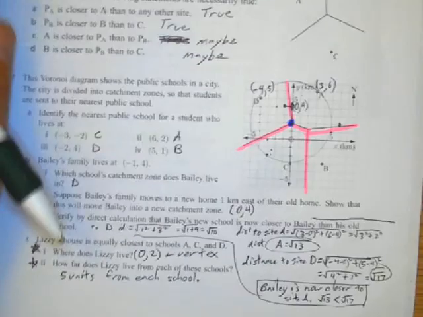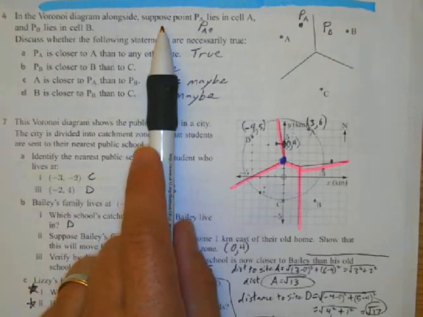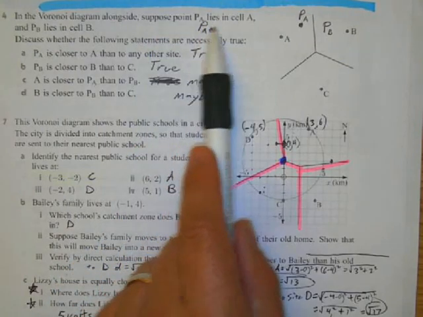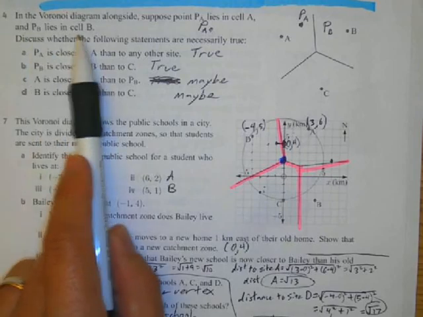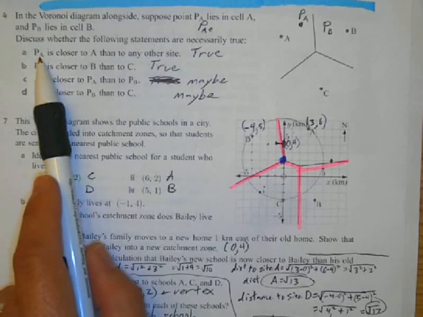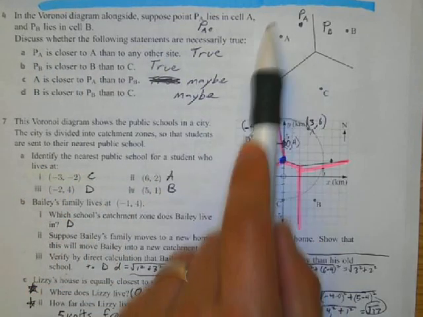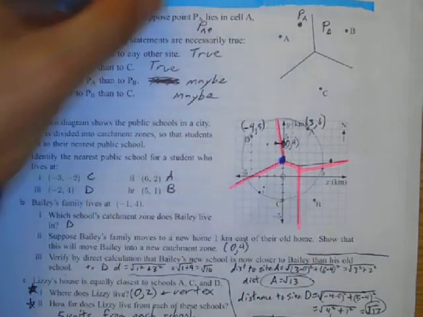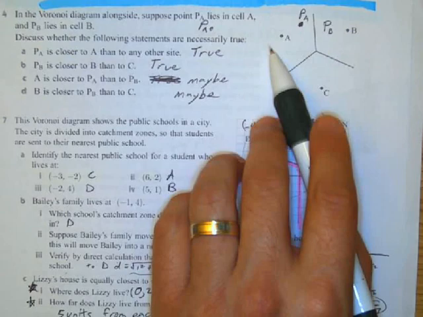In the Voronoi diagram alongside, suppose point A lies in cell A and point B lies in cell B. Discuss whether the statement is true. Point A is closer to site A than any other site. If this lies in cell A, it's going to be closer to A than anything else.